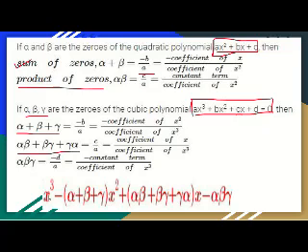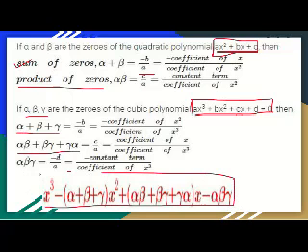So x cube minus the first sum of the roots times x squared, plus the second, alpha beta plus beta gamma plus gamma alpha, times x, minus alpha beta gamma, the product of the roots. This is the relationship for forming a cubic polynomial if the zeros of the polynomial are given.